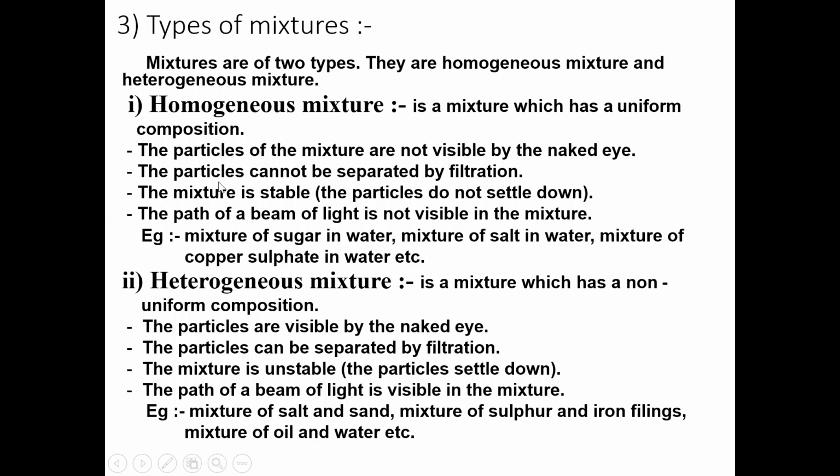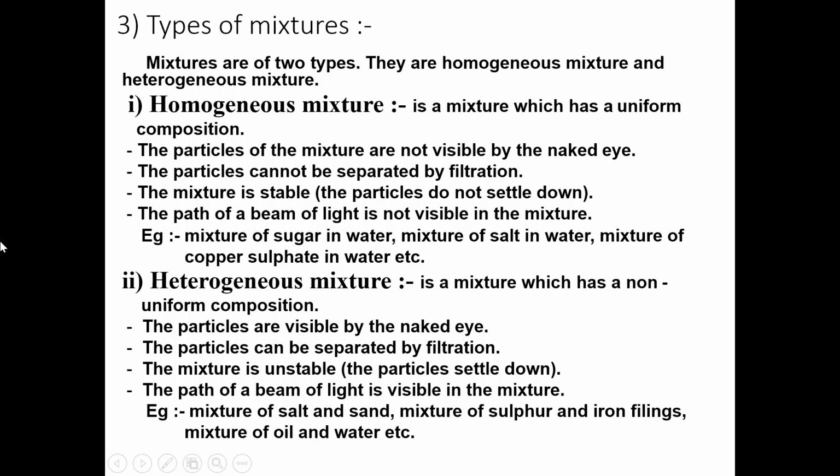Next, the particles cannot be separated by filtration or any type of physical method. The mixture is stable. As these are uniform in nature, the particles do not settle down easily. They are mixed with each other. Then the path of a beam of light is not visible in the mixture.